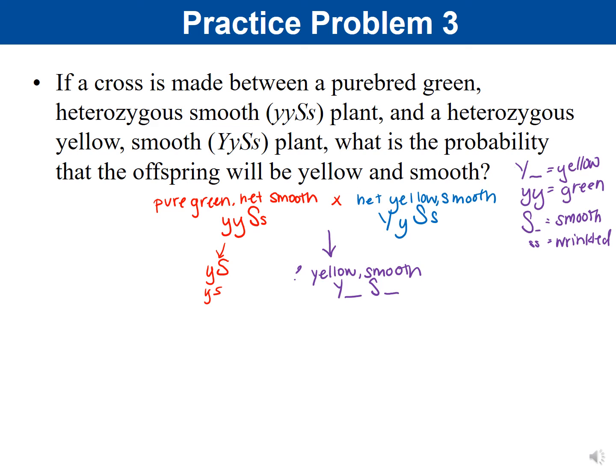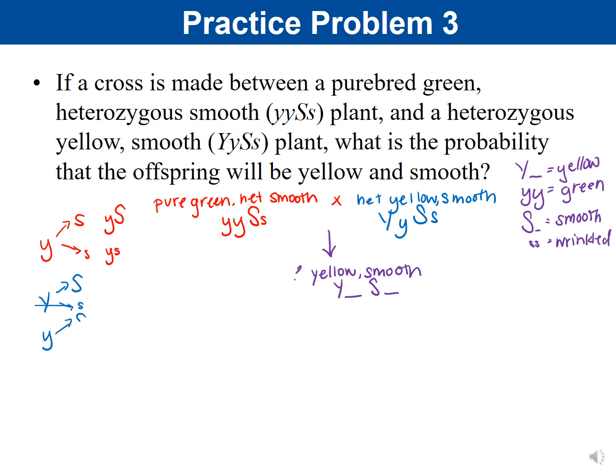So that would be like if I did my tree diagram. Little y can pair with big S or little s. So my gametes are little y, big S and little y, little s. Those are my gametes for the one in red. The one in blue, we have two possible y's, big Y and little y. That can pair with a big S or a little s.